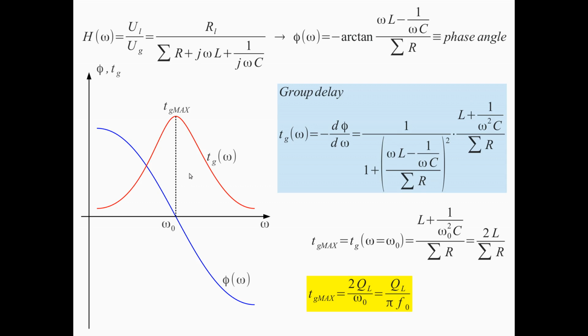But for a single tuned circuit, for this example here, the group delay is actually the largest at the frequency center. And this group delay may turn out quite large, especially for narrow filters. Narrow filters mean that the bandwidth, which is f0 over QL, is small. If the bandwidth is narrow, then this 1 over the bandwidth, the group delay, becomes very, very large.